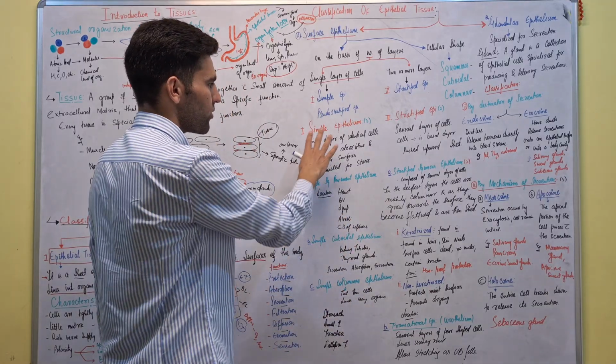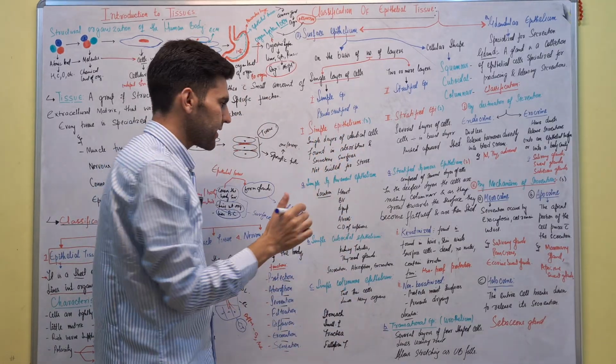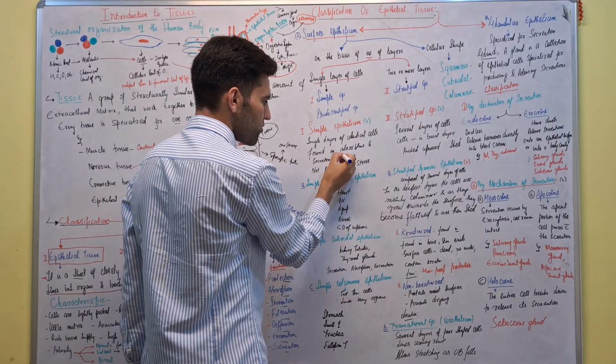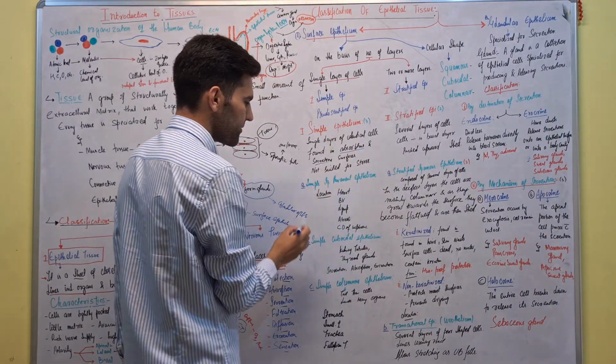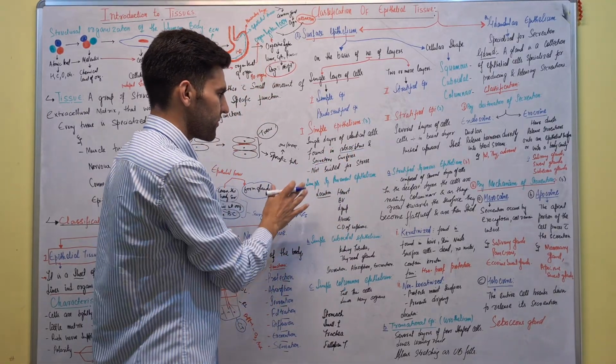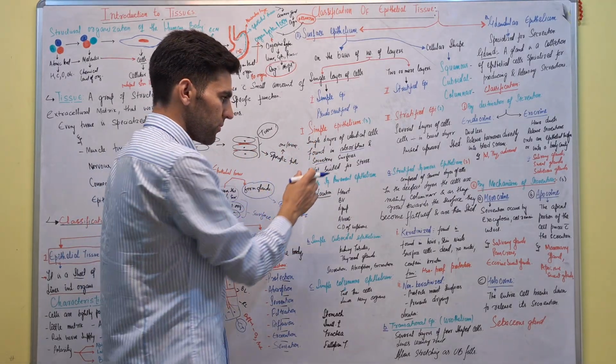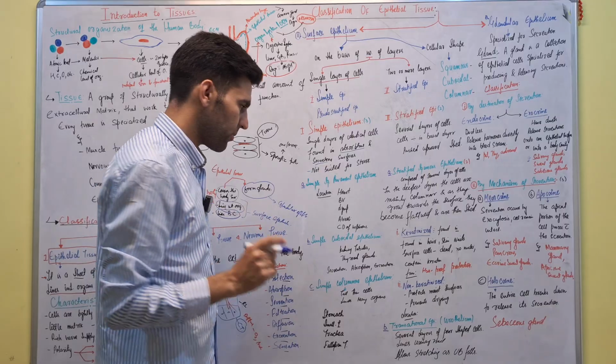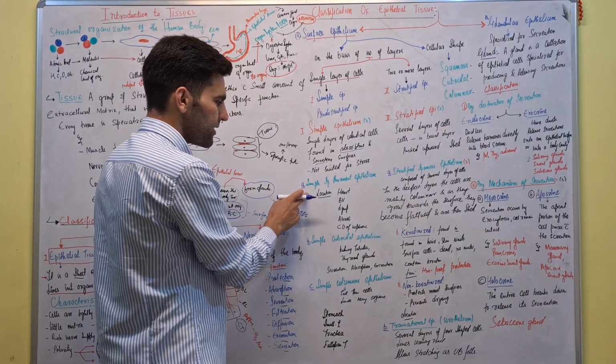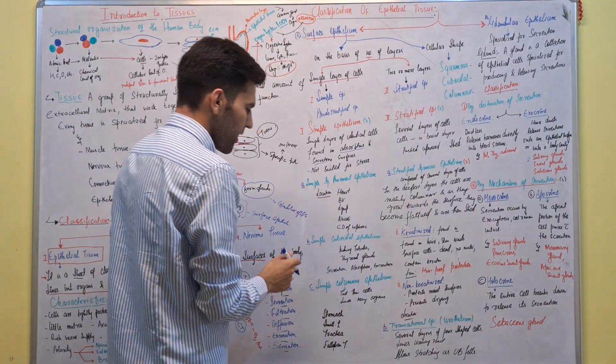Coming to the first one, simple epithelium is a single layer of identical cells found in absorptive and secretory surfaces, and it is not suitable for stress. Coming to the first type, simple squamous pavement epithelium. Where is it located?